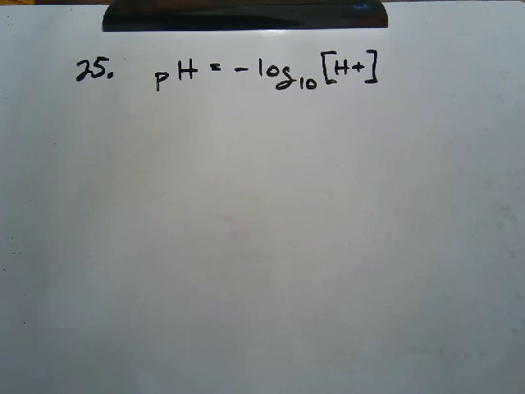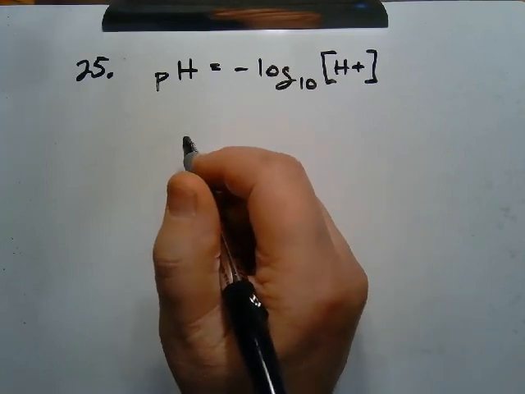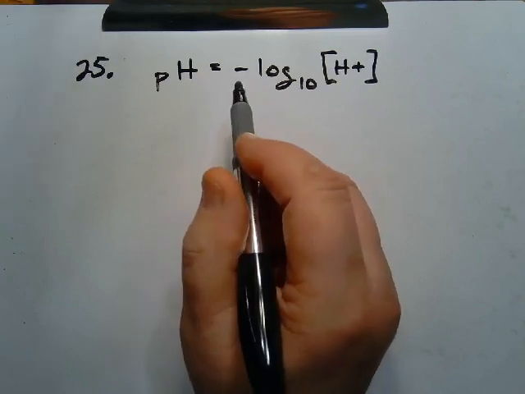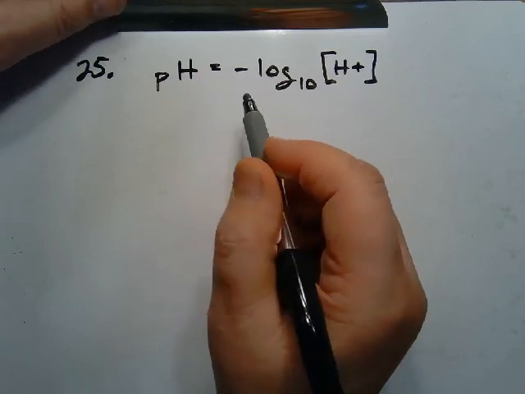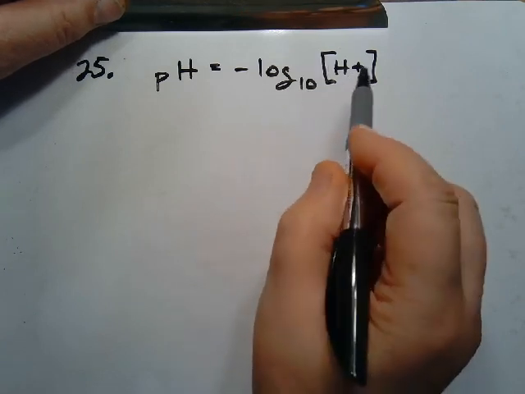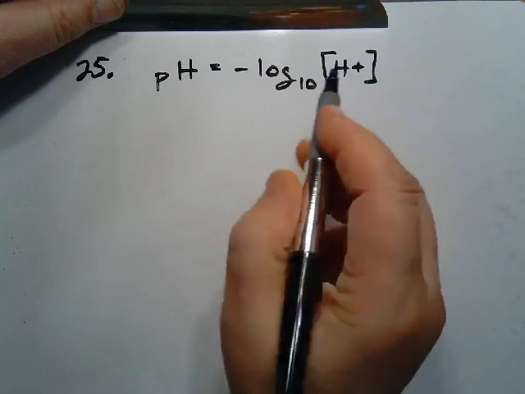All right, let's take a look at a word problem here. As mentioned before, there are several different applications of the logarithmic scale. One of them is pH. Here's a formula for calculating the pH level of a substance, if you know the hydrogen ion concentration.